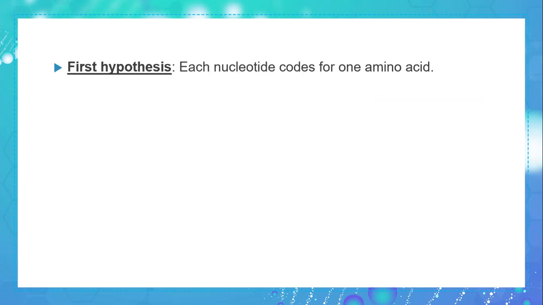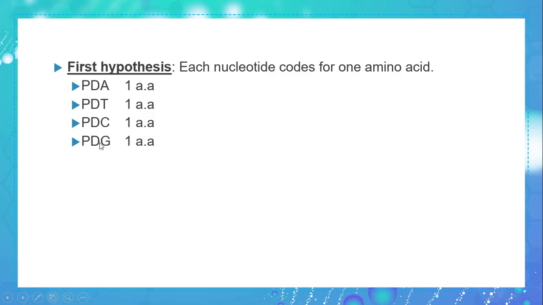The first hypothesis is that each nucleotide codes for one amino acid only, which means that the first nucleotide, which consists of phosphoric acid, deoxyribose sugar, and nitrogenous base A, codes for a given amino acid. Similarly, the second nucleotide, which contains nitrogenous base T, codes for a different amino acid. A third nucleotide codes for a third amino acid, and the fourth nucleotide codes for a fourth amino acid.